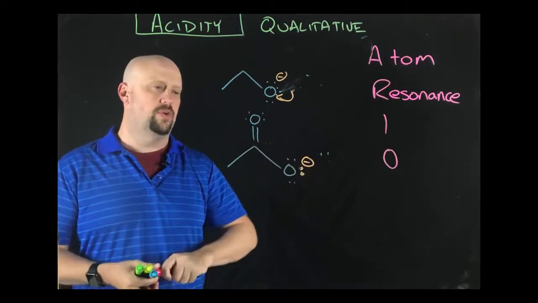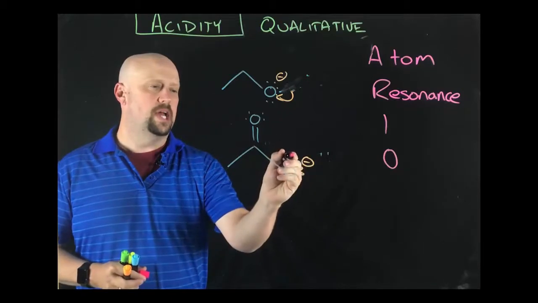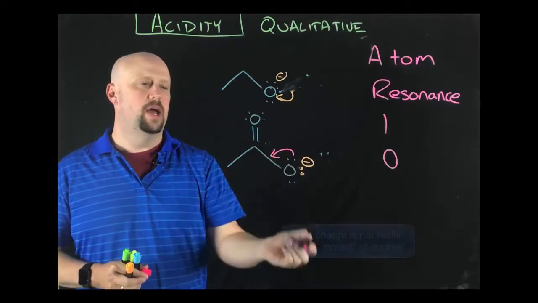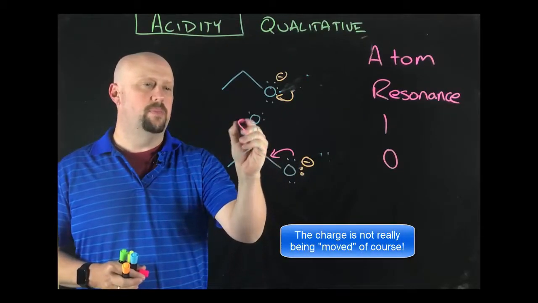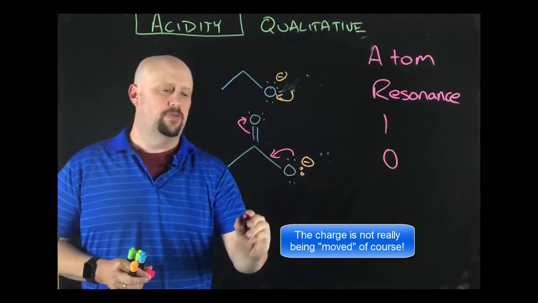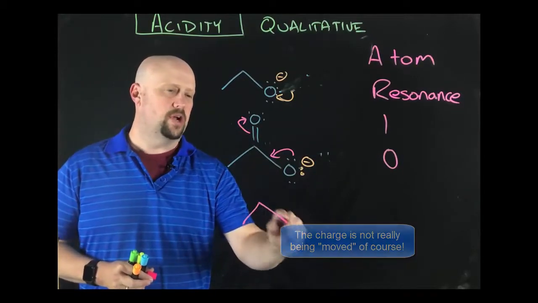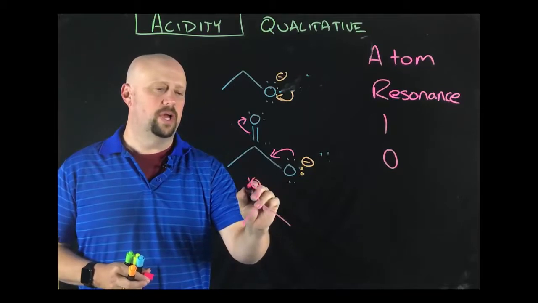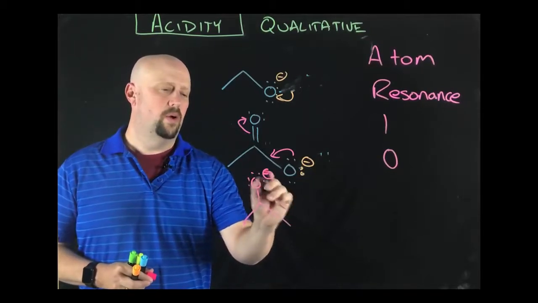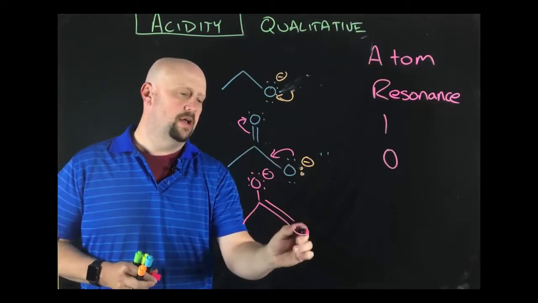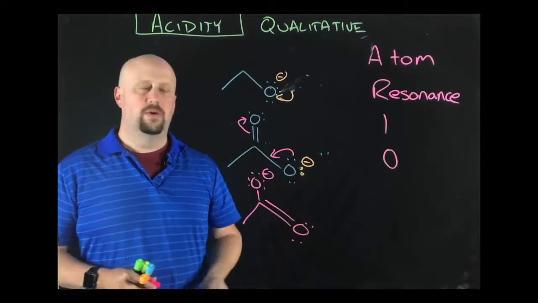And so I could draw a resonant structure here where I could say, okay, well, what about if I move that there and then move that up there? And so therefore I've got a resonant structure, okay, where I've got my negative charge there. Okay, in that particular case.